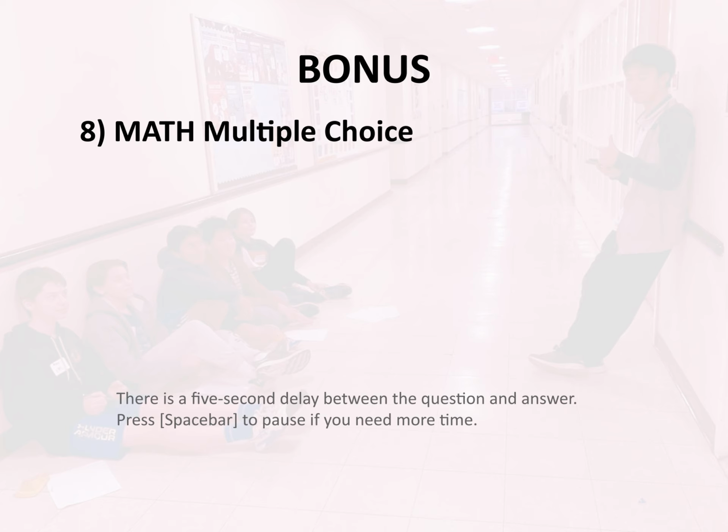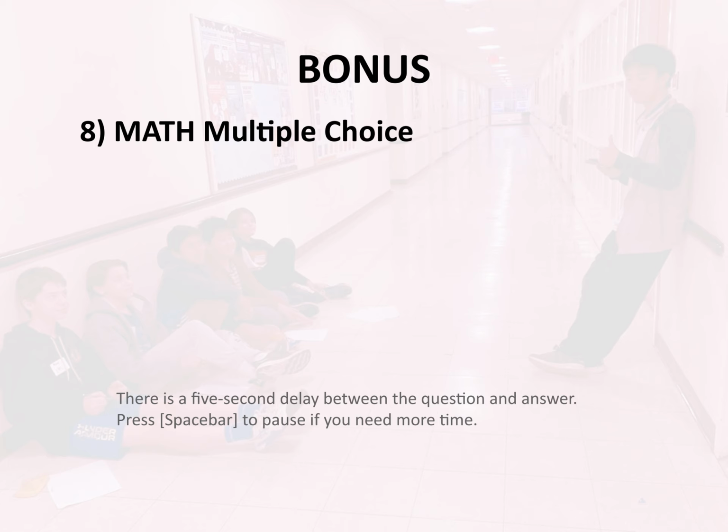Bonus 8. Math. Multiple choice. Which of the following is a solution for x of the equation 2 to the quantity x minus 2 equals pi to the x? W. The fraction with numerator log of 4 and denominator log of 2 minus log of pi. X. The fraction with numerator log of 4 and denominator log of pi minus log of 2.